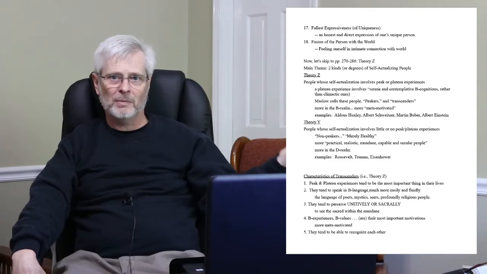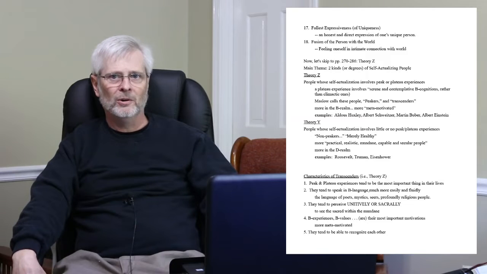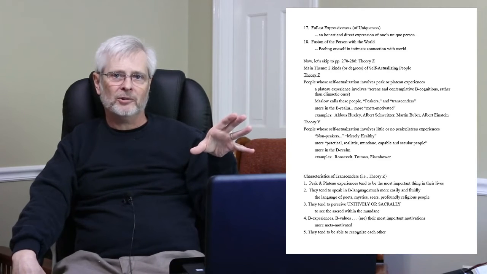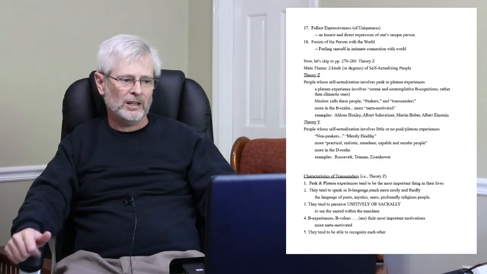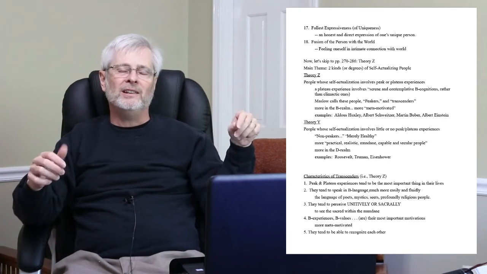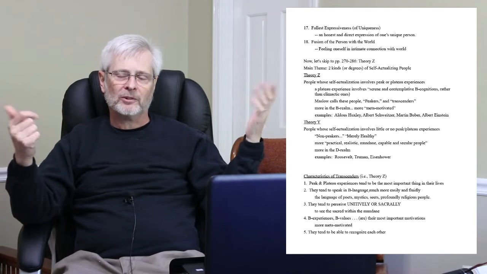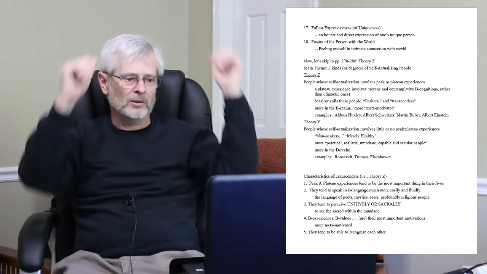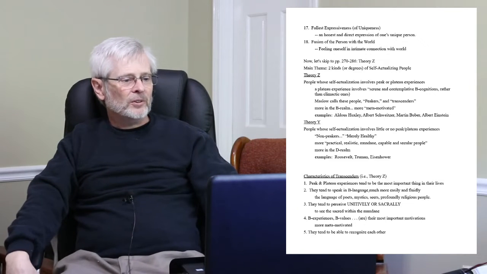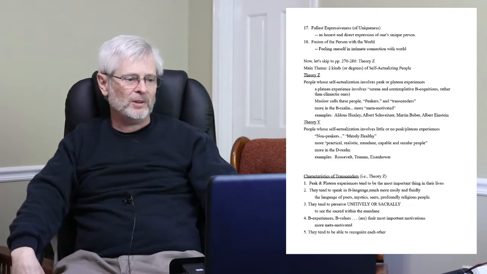Now here you have to remember what I told you one or two videos ago, that the prefix meta for Maslow is a linguistic marker of self-actualization. So what he's saying is that these Theory Z people whose self-actualization involves peak experiences or plateau experiences are at the topmost part of the pyramid. Okay, and he gives us a few examples from history that you may know about.